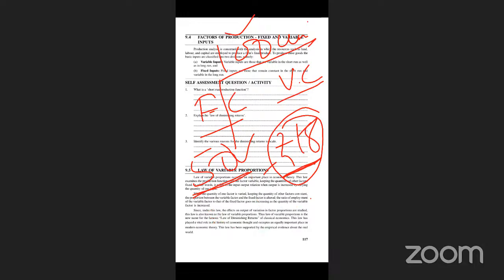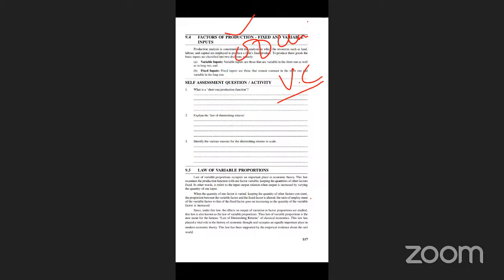In the short run, there are cases like technology, for example, which is considered to be fixed, whereas in the long run, the same technology may not be considered as fixed in a given scenario. It can be variable. Why? Because in the long run, technology can go obsolete and there can be a change in the technology.